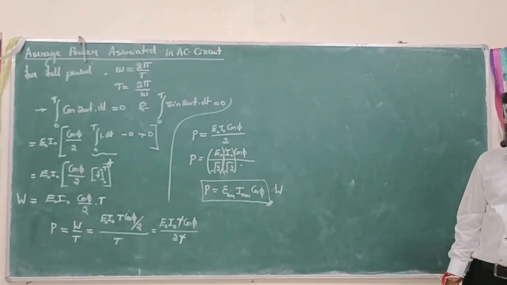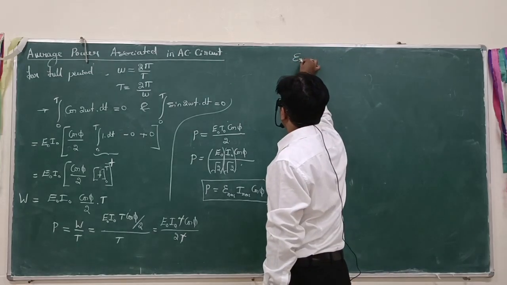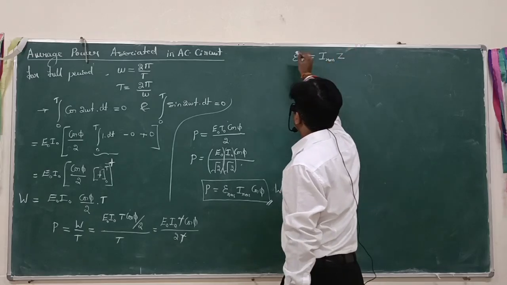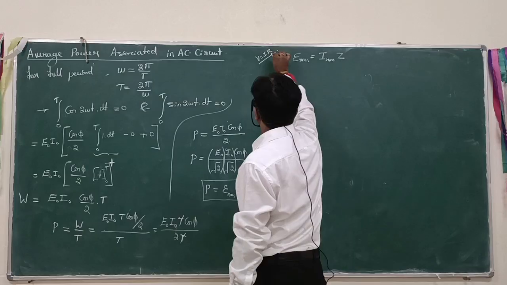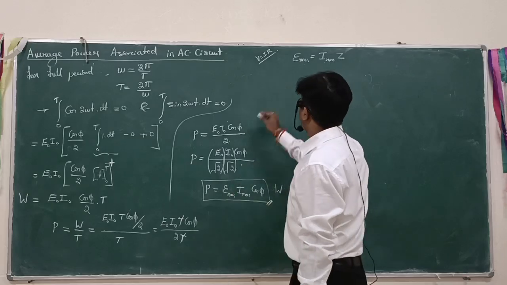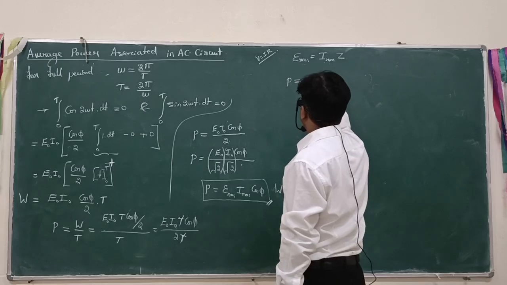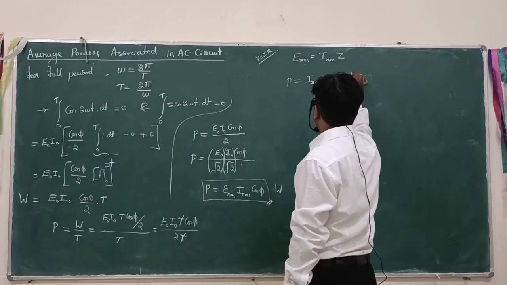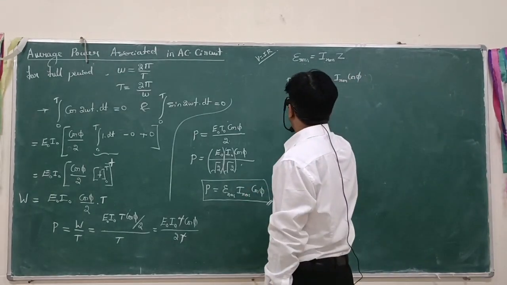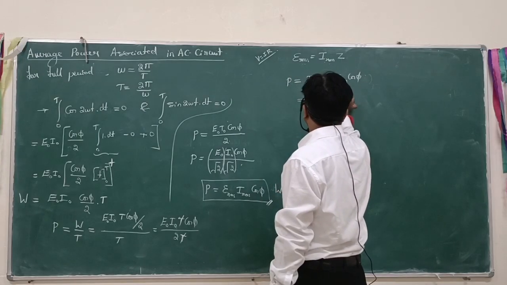So how can we write the same expressions? E RMS is equal to I RMS into Z. Just as we write V is equal to IR, so EMF is equal to I into Z. If we substitute the value of EMF, the expression of power is equal to I RMS Z into I RMS cos phi. After this, note it down. So I RMS into I RMS, I RMS square Z into cos phi.